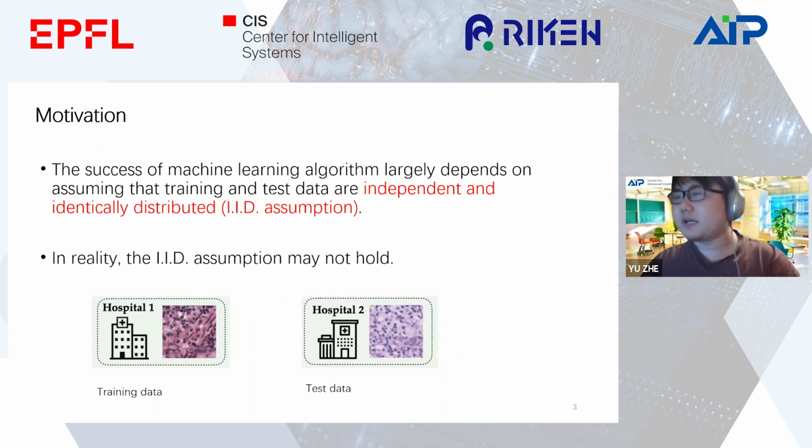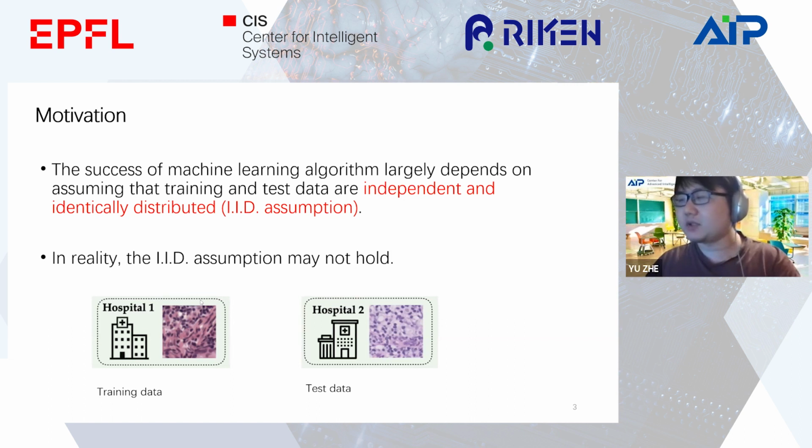As I said, in this work, we want to improve model performance when the IID assumption may not hold. In reality, this happens a lot. For example, we can collect data in hospital 1 and use this data to train a cancer detection model.